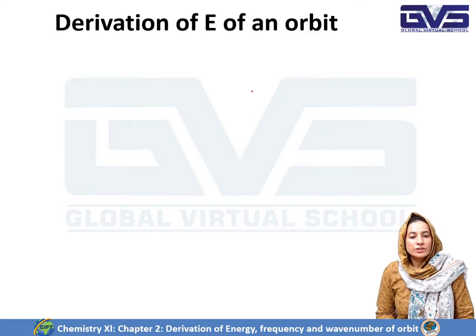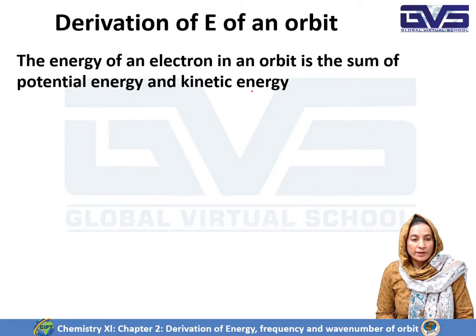Now is the derivation of the energy of an orbit. You know the energy of any system, and in this case the energy of an electron in an orbit, is the sum of the potential energy and kinetic energy. Potential energy is due to its position and kinetic energy is due to movement of the electron.